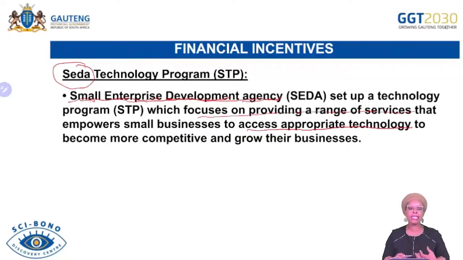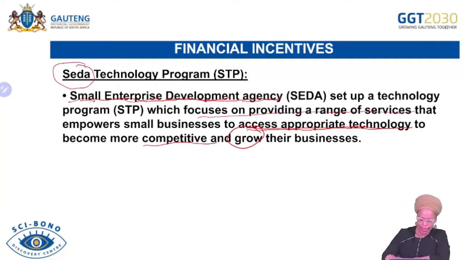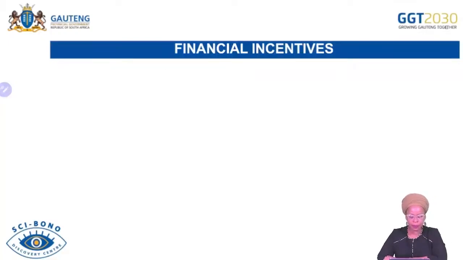If your business is not using appropriate technology, your business might not be able to produce goods of quality, might not even be productive and competitive. So the aim is to make sure that these small businesses access appropriate technology so that they can become competitive and grow. That is what this grant is all about.